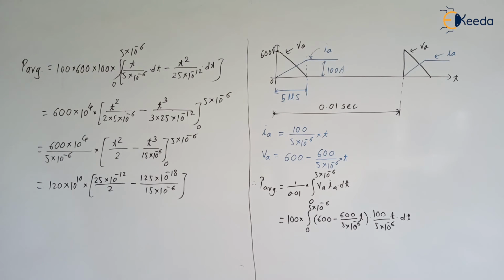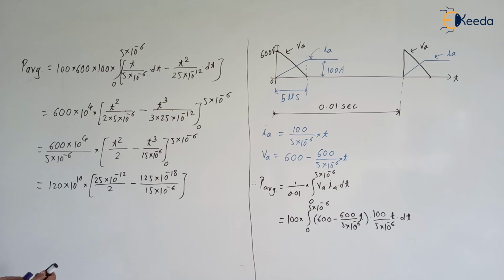Are you getting the point? Now we can write it as 125 into 10 to the power minus 12 divided by 15, plus this term, so it is 12.5 into 10 to the power minus 12, so it is 4.167 into 10 to the power minus 12 into 120 into 10 to the power 10, so it is 5.